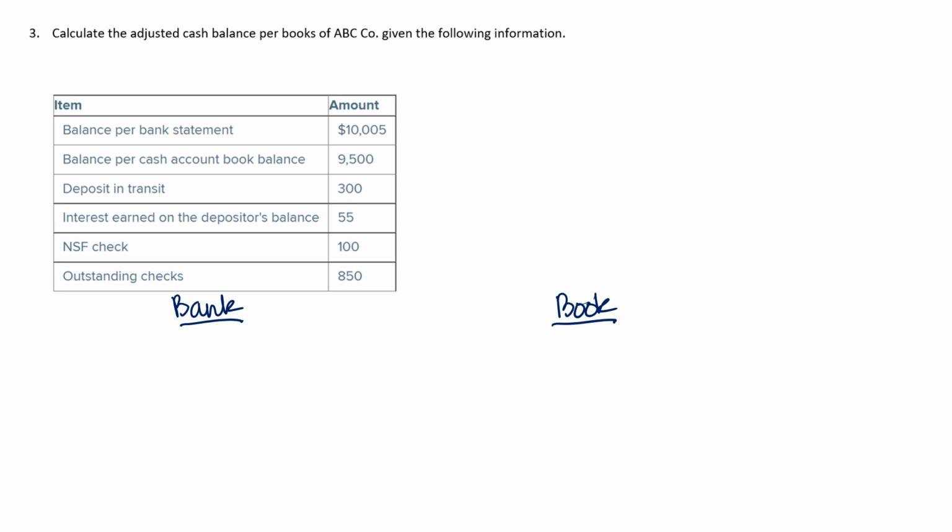The first item says the balance per the bank statement is $10,005. So on the bank side, we will put that as our beginning entry, $10,005. Says the balance per cash on the books is $9,500.